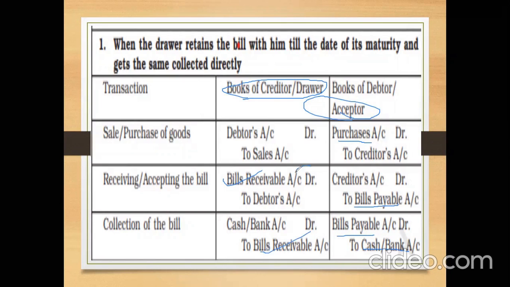That means bills receivable is debited over here, and in the same way it will be credited over here. Same way in bills payable: bills payable is credited and it is nullified by making it debit. This is the basic and simple way where the bill is retained till the date of maturity.